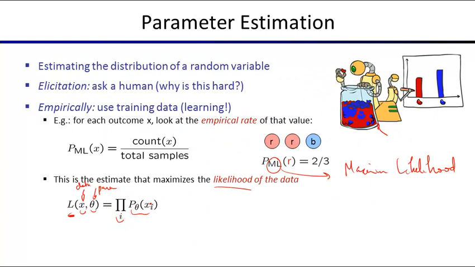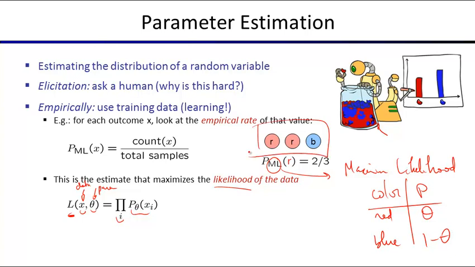Let's do this for this example here. What's the probability if we had a distribution, which in this case, color could be red or blue. Our parameter is theta for red, which means 1 minus theta for blue. What is the likelihood of this data set over here?